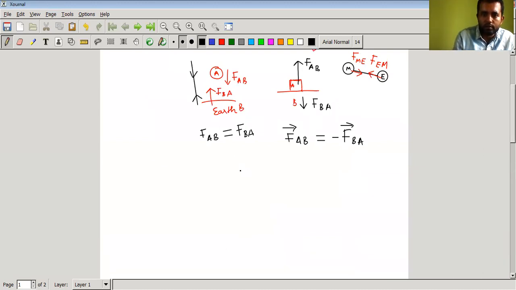Suppose, we talked about this example in the last lesson, that I am moving this hand over this. So what will happen? This hand will exert a friction on this. Fine. So coming back to the same example, let us say I am moving this hand in this direction.